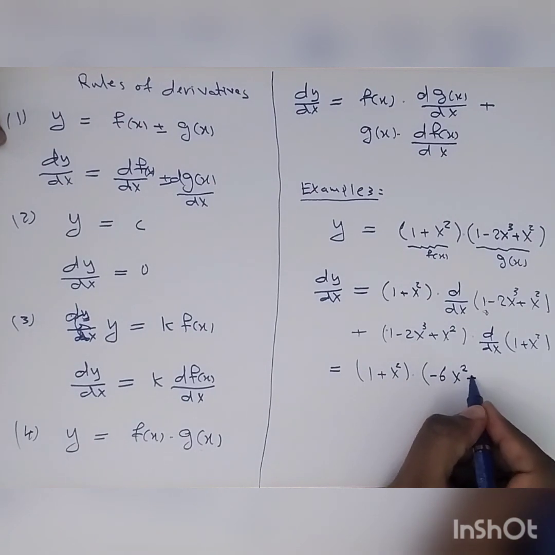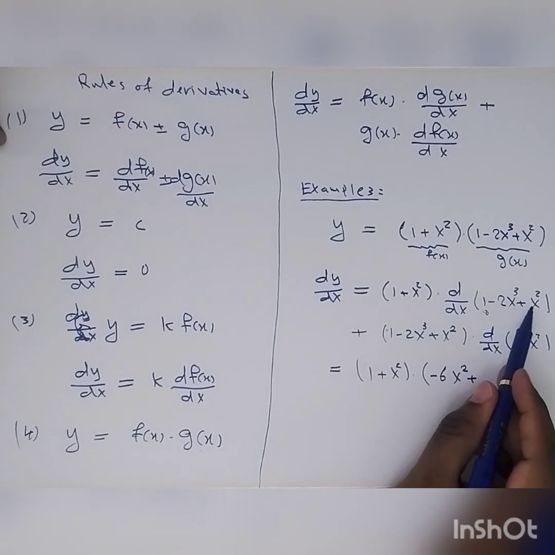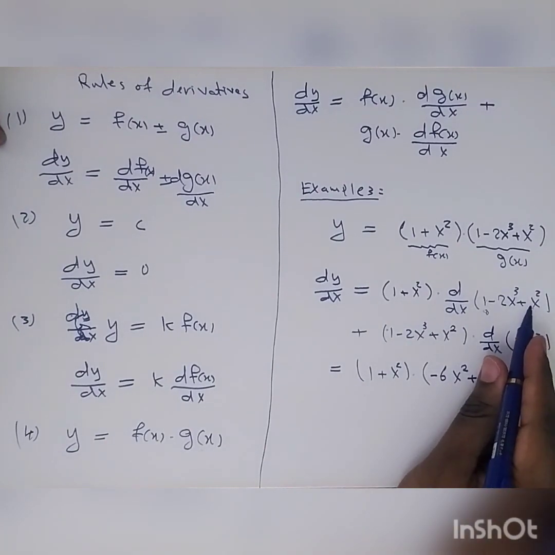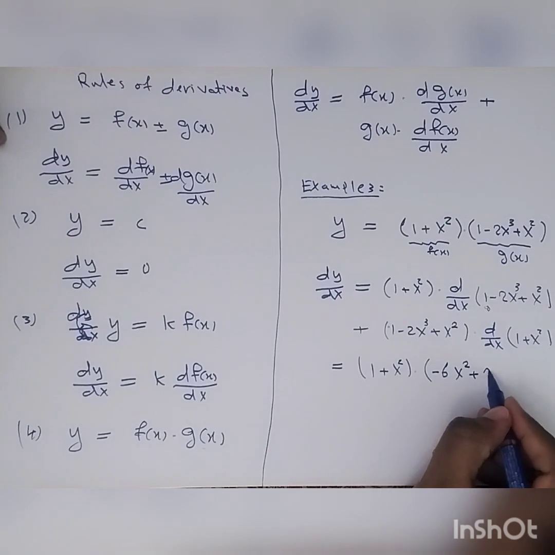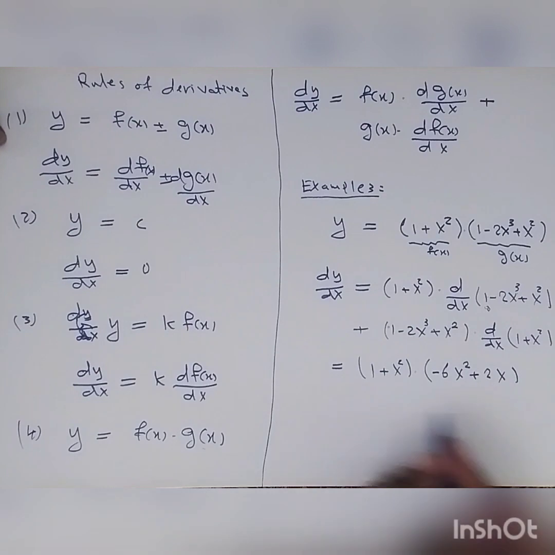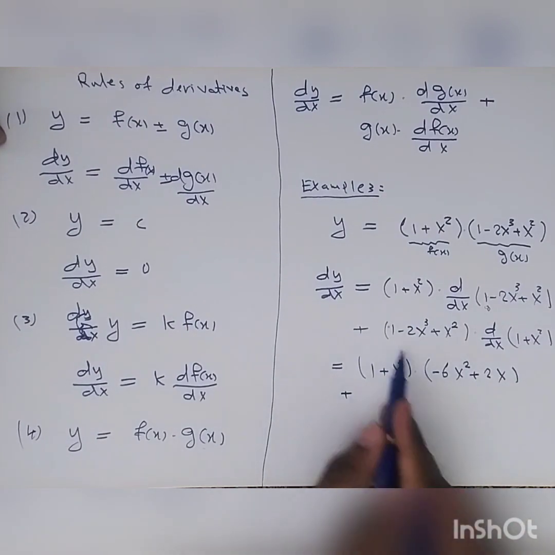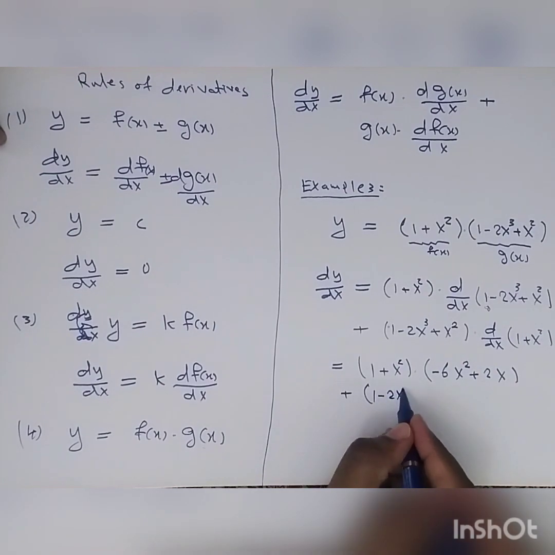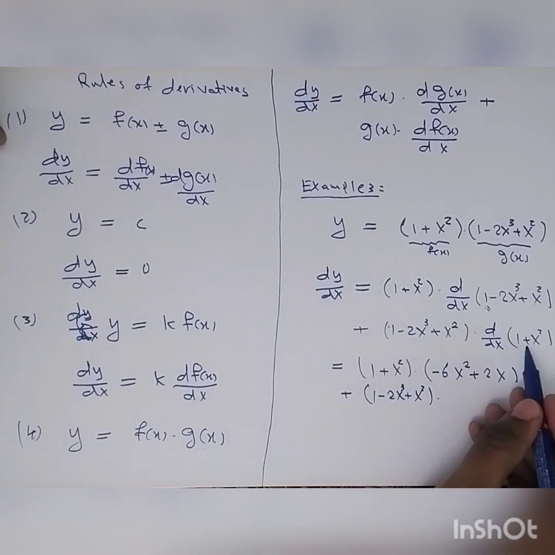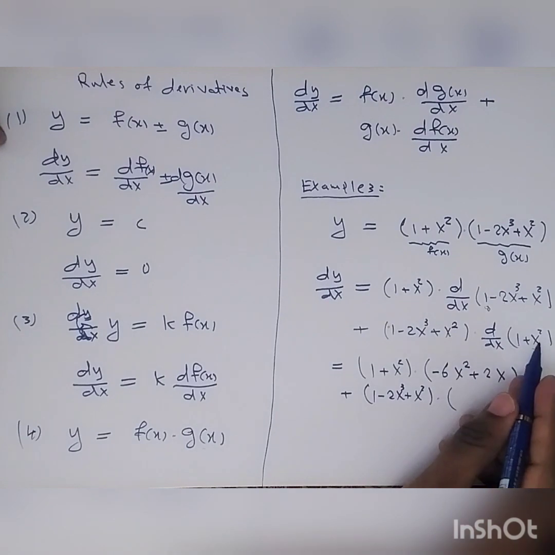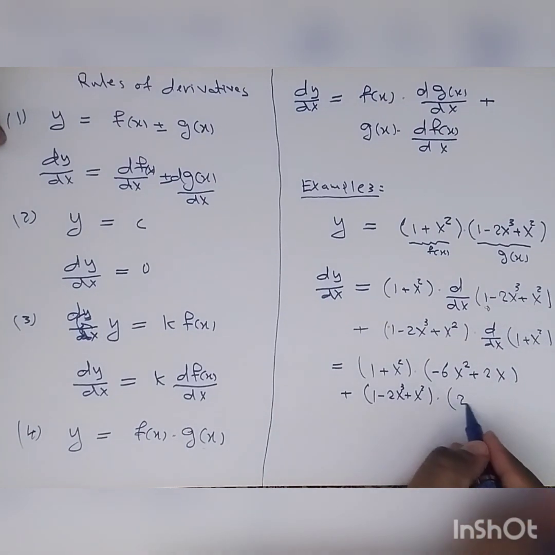Then plus, again we multiply 2 by the coefficient, which is 1, so the multiplication is 2, and then we have x, 2 minus 1 is 1. Now we are finished with this plus. So now we just copy this here, 1 minus 2x cubed plus x squared, and then times the derivative of this function. The derivative of 1 is 0, you don't need it, and the derivative of x squared is just 2x.